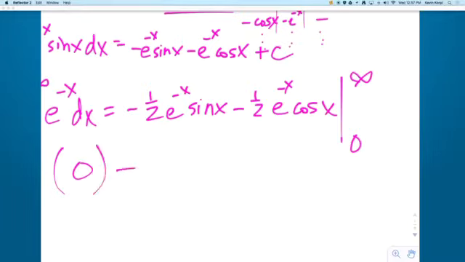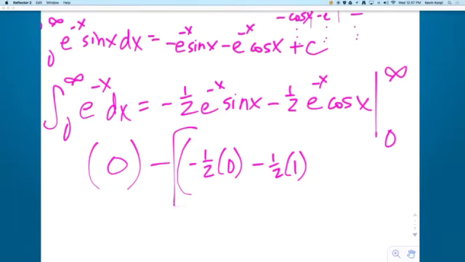So that's plugging in the top. Minus plugging in the bottom. Well, now we have to be a little bit careful. That's going to be negative 1/2. e to the 0 is 1. Sine of 0 is 0. Minus plugging in the second one, you get 1/2. e to the 0 is 1. Cosine of 0 is also 1. Now here's where you really have to be careful because we're subtracting.